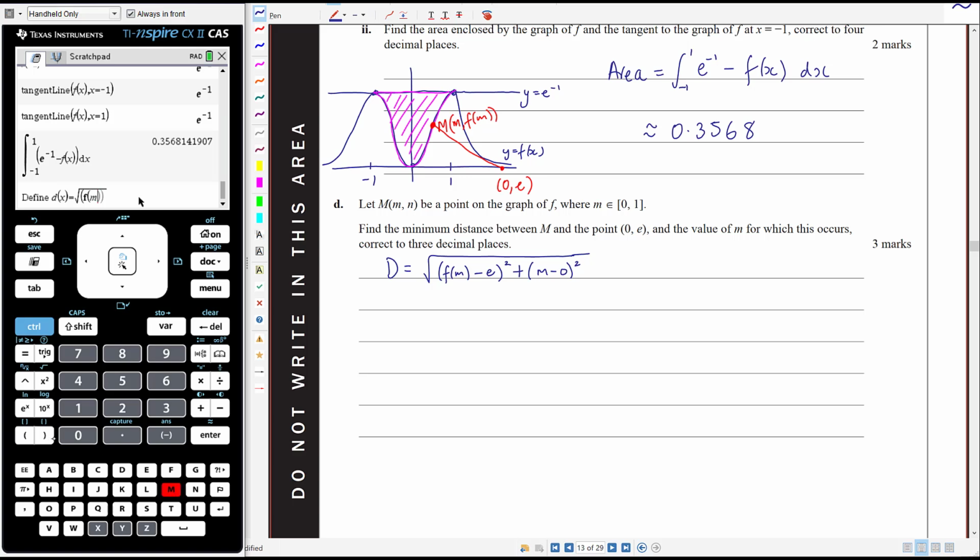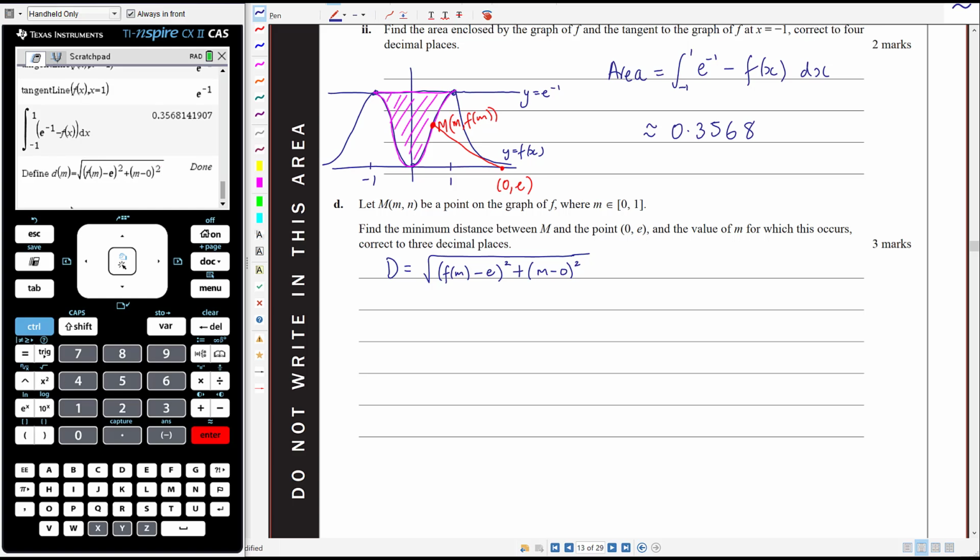Sorry, actually it's not the distance in terms of x, is it? It's the distance in terms of m. So d of m is the square root of f of m minus e squared plus m minus 0 squared.